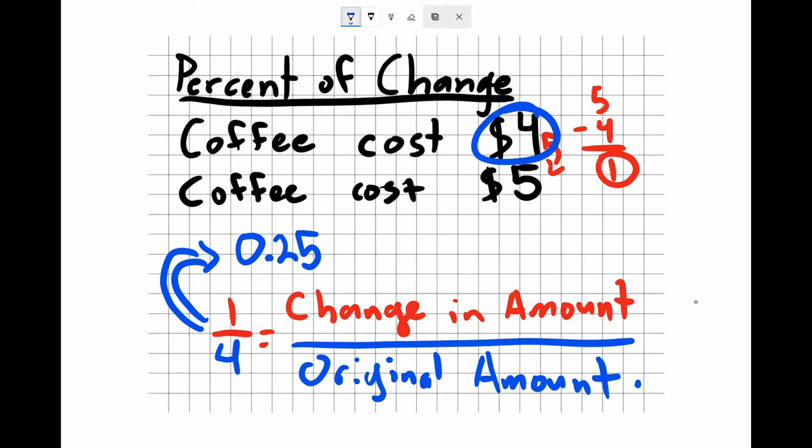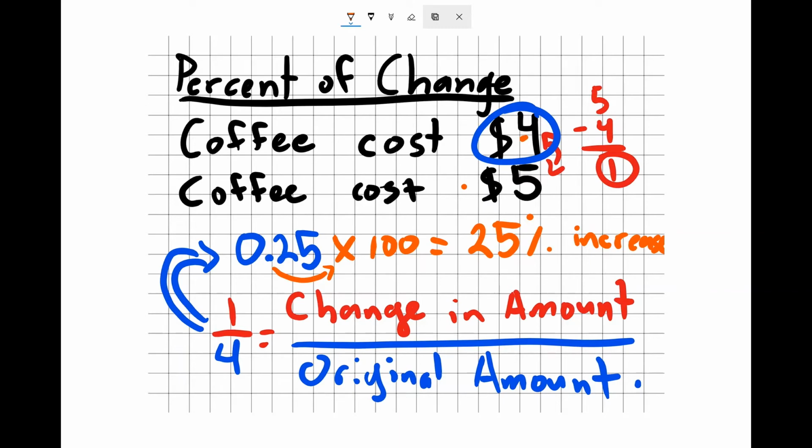And the last thing you want to do to convert this into a percent, you want to multiply by 100. This will move the decimal point over, and now you have your final answer of 25%. The percent of change is 25%. Your original was 4, the new amount is 5, which means it was a 25% increase.